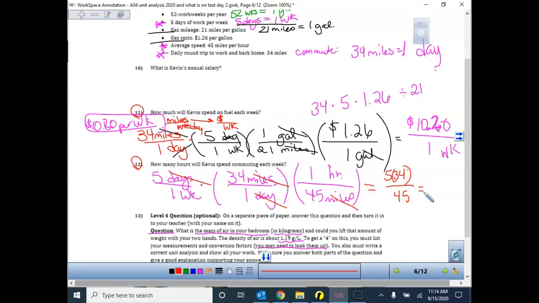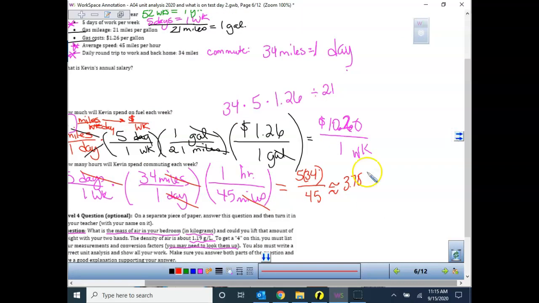So, see what you have. So 3.7, 3.8, 3.78 hours per week for commuting, something like that. What if you rounded it to 3.8 hours per week?